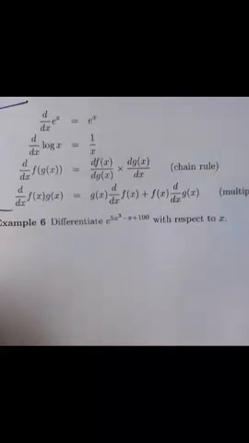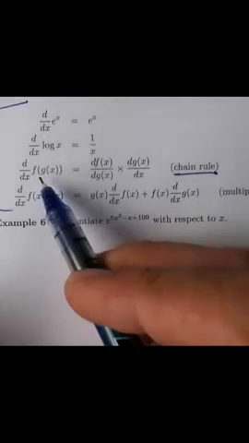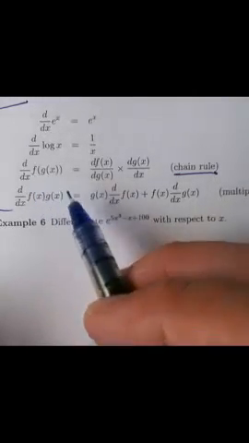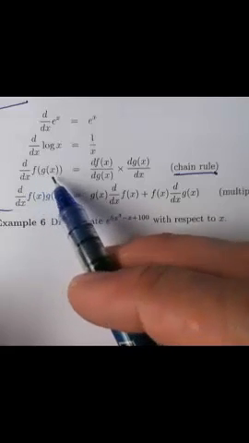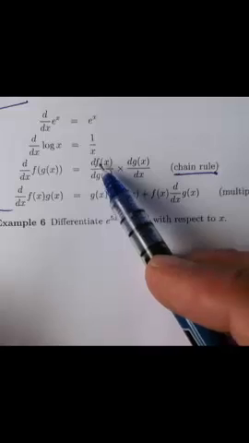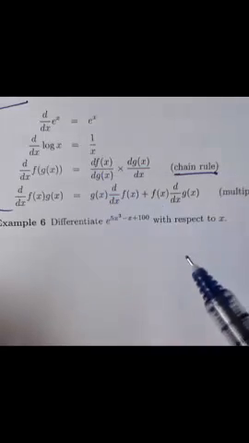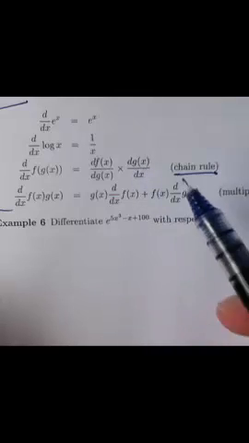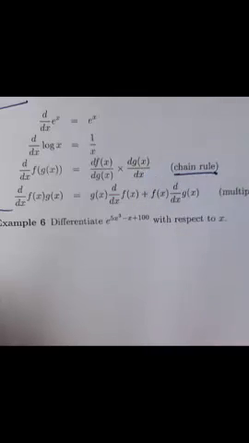We have something called the chain rule. If I have a function of a function, like f is a function of g of x, then the derivative of f of g of x with respect to x is, first I differentiate f with respect to g, and then multiply that by the derivative of the function g with respect to x.